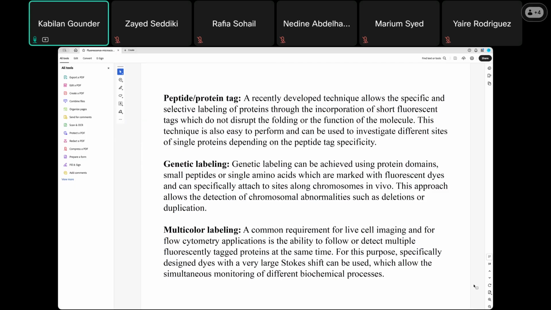If that is the case, you can label each protein with a different dye and process. Then simultaneously you can see all 3 proteins, where they are expressed and whether they are decreasing or increasing. Everything you can understand. So the multi labeling system helps to understand better, not only a single protein but many proteins.